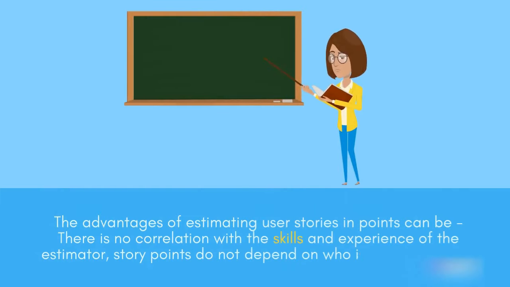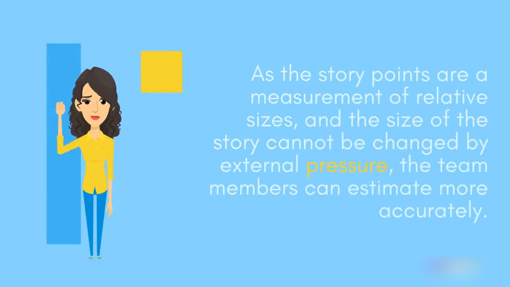The advantages of estimating user stories in points are: there is no correlation with the skills and experience of the estimator. Story points do not depend on who is doing the story. As story points are a measurement of relative sizes, and the size of the story cannot be changed by external pressure, the team members can estimate more accurately.